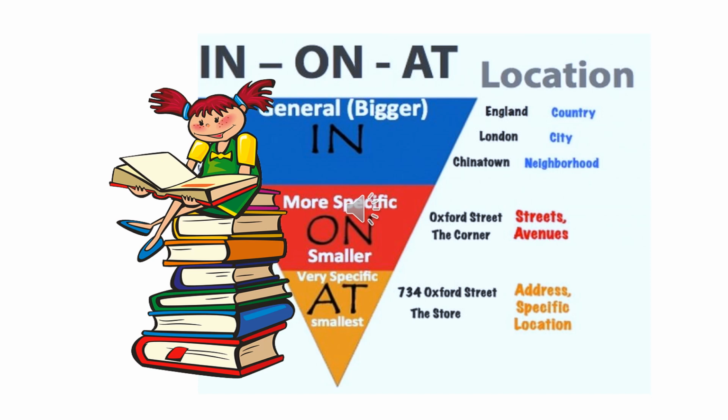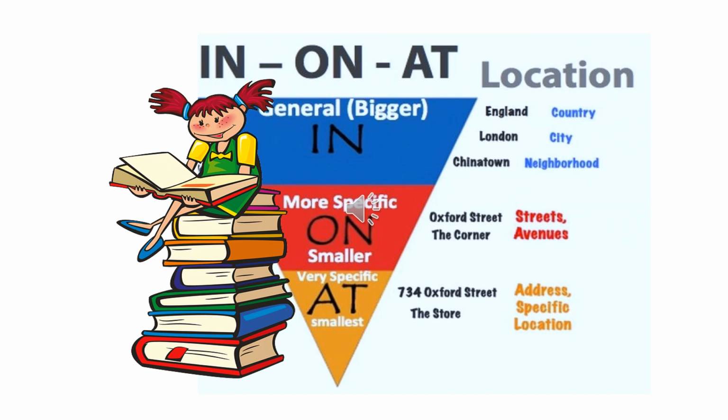Why? Because at is used for the smallest location or area or place. That means we can use at for a specific location like the store, the college, the station.